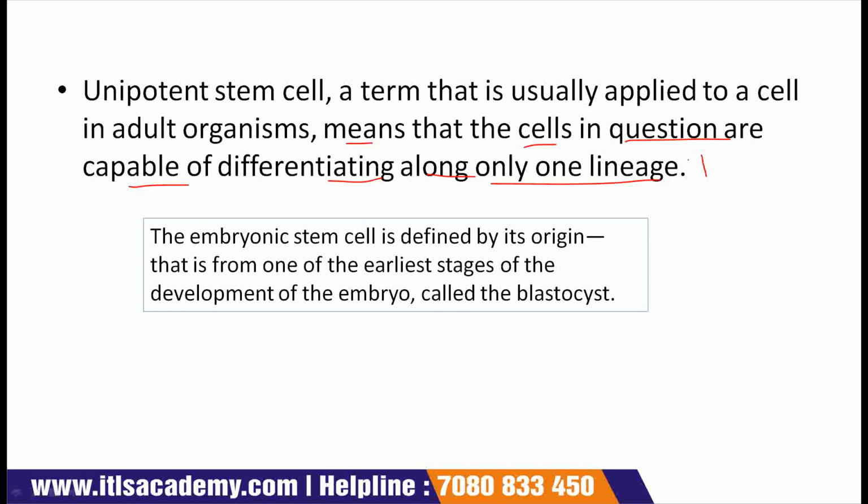Like for example, if we take the example of hematopoietic stem cell, then it will form only cells that are related to the hematopoietic system or that are related to blood.